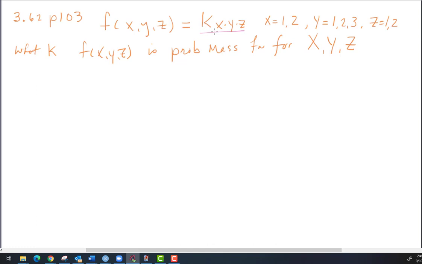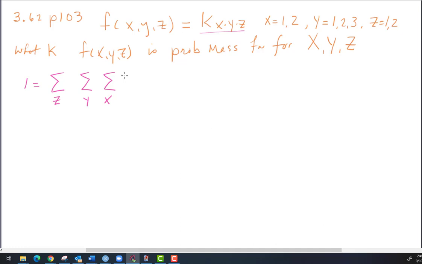If k were negative, then this would be negative, no go, because we've got to have f of x, y, z greater than 0. So we know that k has got to be greater than 0. And what else do we know? Well, we know that 1 is equal to the sum over z, sum over y, it doesn't matter the order you put these in, sum over x of f of x, y, z.